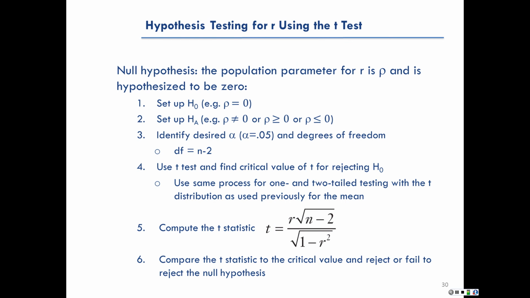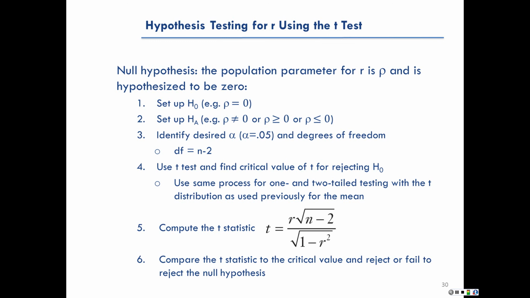And so what this means is we can do hypothesis testing, right? And so our null hypothesis for the correlation coefficient r, we remember when you think about the null hypothesis, you want to think about the population parameter. And so the letter that's used for the population parameter for r is actually this Greek letter rho that looks like a p.